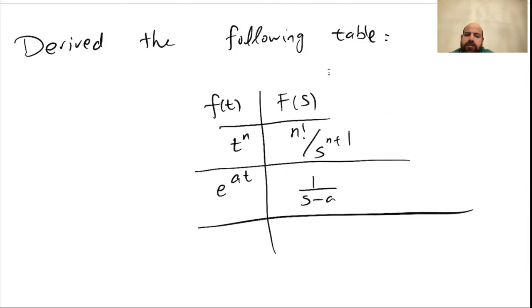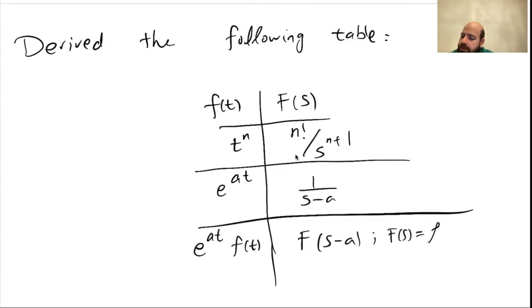And in general, if I multiply e to the power at with a function, e to the power at times f of t, this would be capital F of s minus a, with capital F of s being the Laplace transform of f of t.